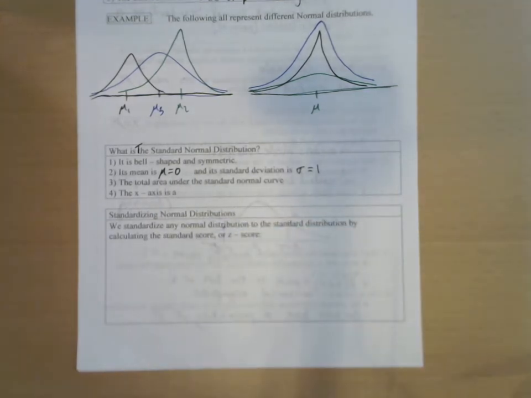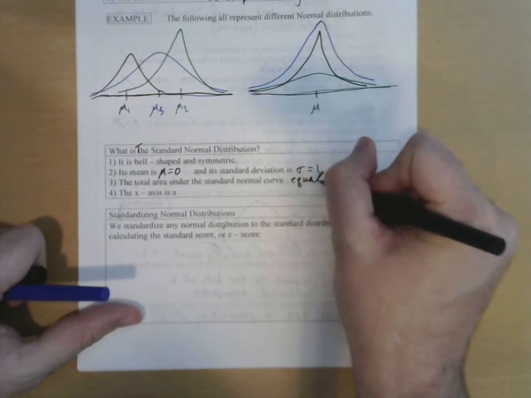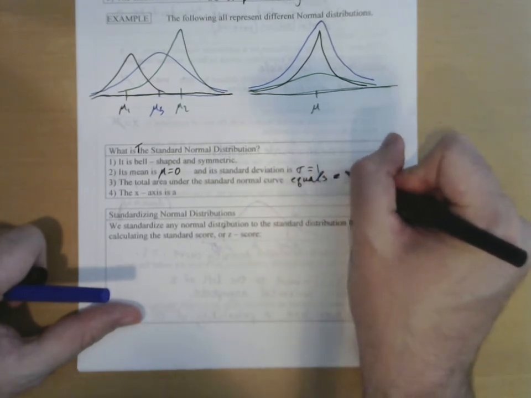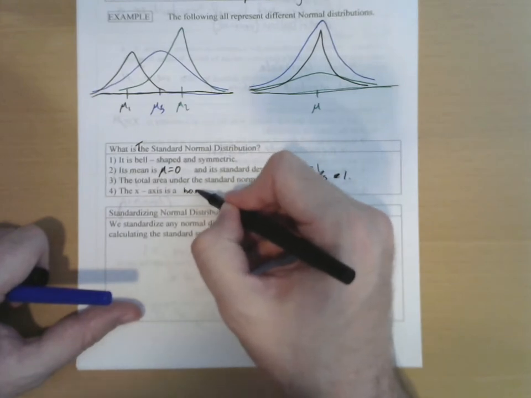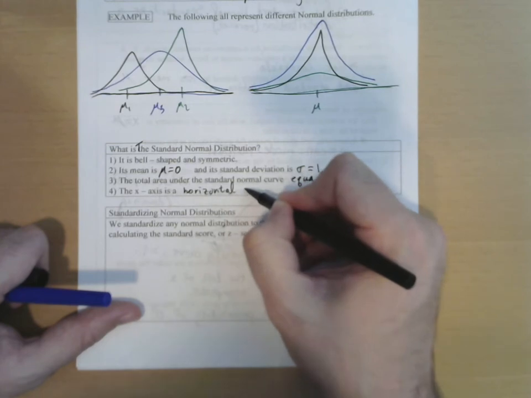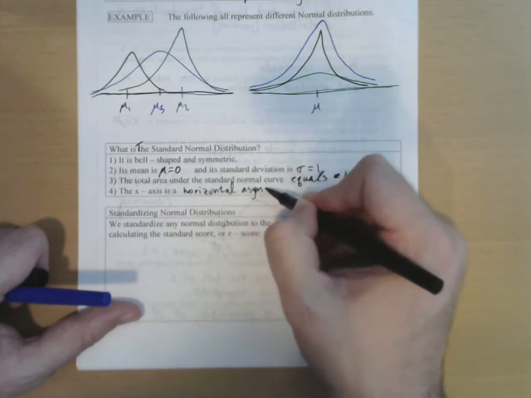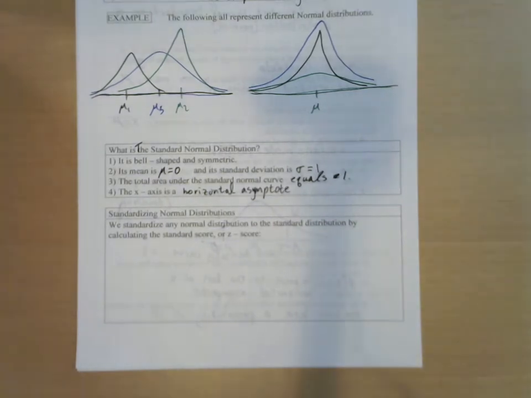The total area under the standard normal curve, of course, equals 1, because it's a normal distribution. And the x-axis is, of course, a horizontal asymptote. So really, the standard normal distribution is the normal distribution whose mean is at 0 and whose standard deviation is equal to 1. Otherwise, it's just any old normal distribution.